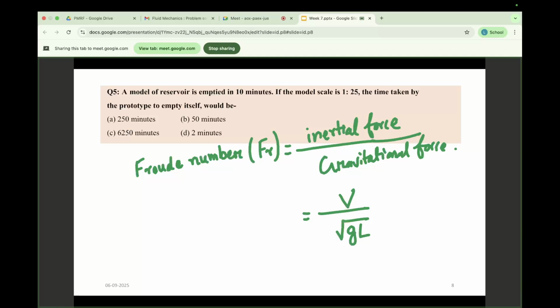I will show you how this comes if it is required in any question. Till then, see when to use this number, or when to check whether this number needs to be used. If in any problem it is given that it's a gravity-dominant free surface flow, I'm writing this down.